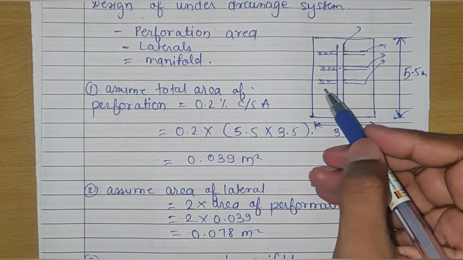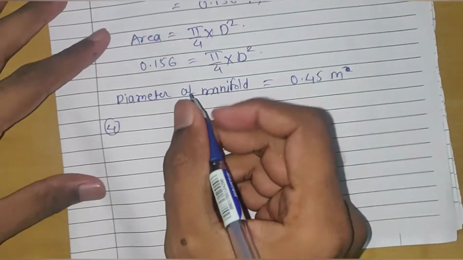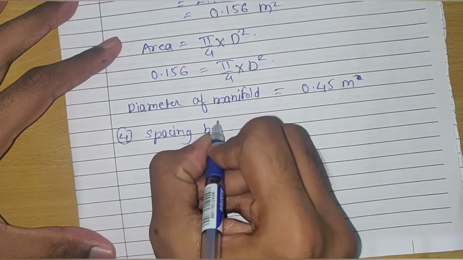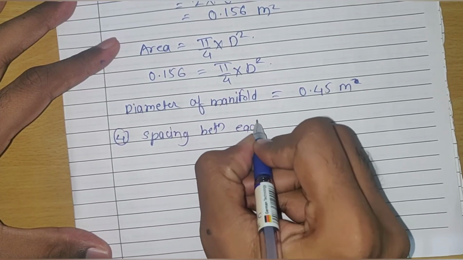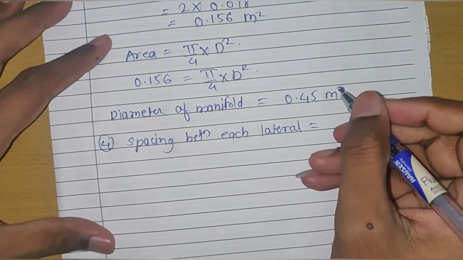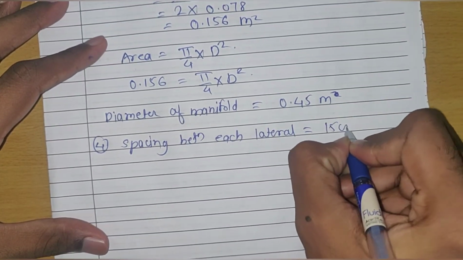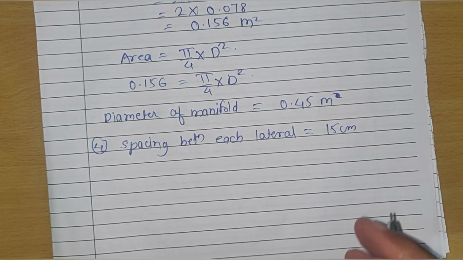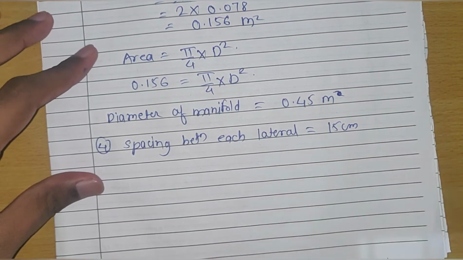So let's assume the spacing between each lateral as 15 centimeter. Maximum you can assume spacing 30 centimeter. I have assumed 15 centimeter.